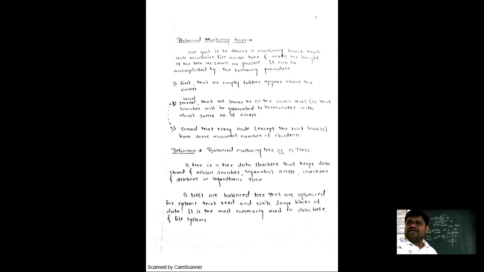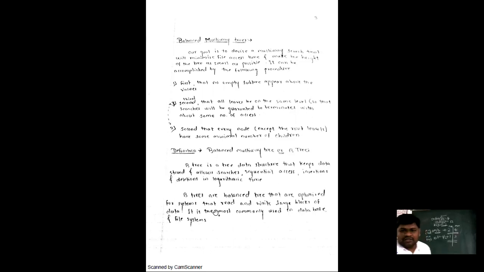Non-linear data structure, right? So a B tree is a tree data structure that keeps the data stored and allows searches, sequential access, insertion and deletion in logarithmic time. This logarithmic time means time complexity is considered.